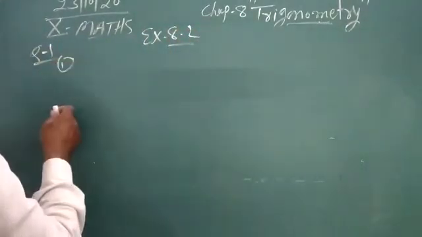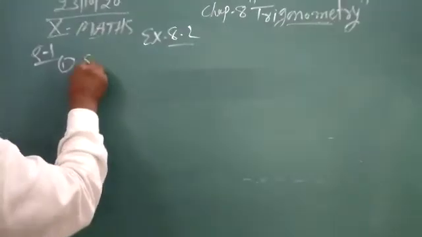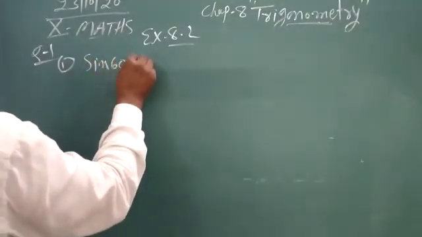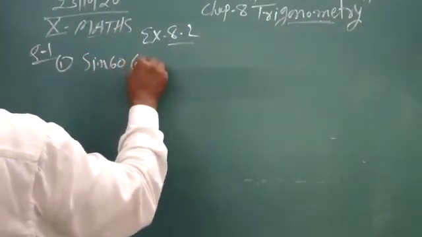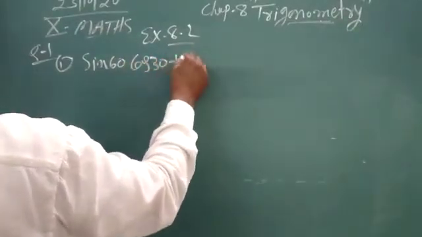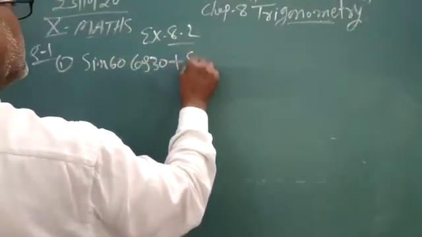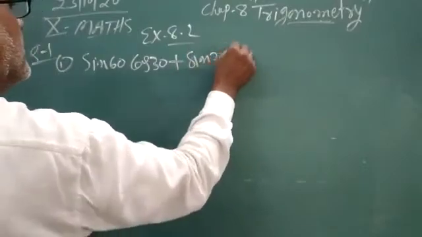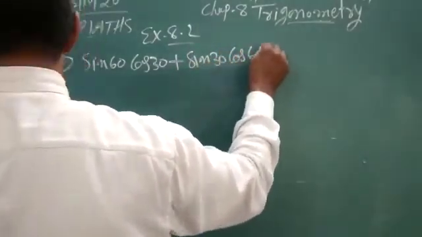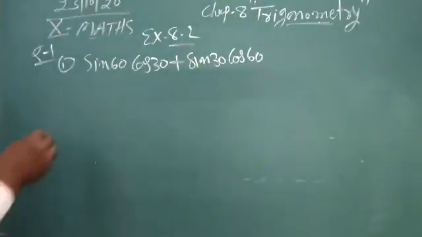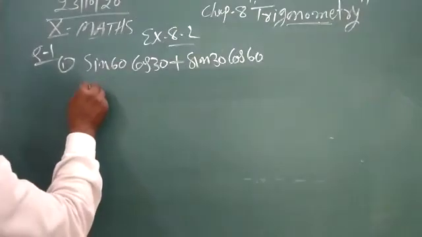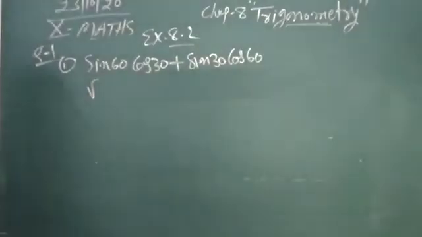The first one: sin 60 cos 30 plus sin 30 cos 60. So what is sin 60? You see the table and write the value. Sin 60 is root 3 by 2.